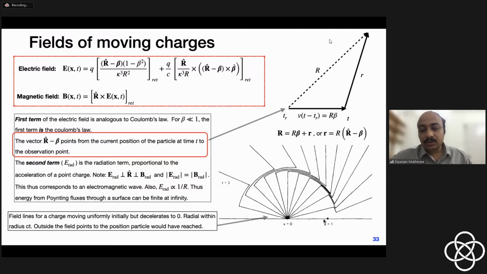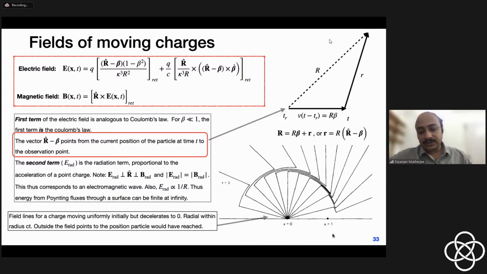I didn't understand. Right. So x equals 0 is when the charge has come to a stop. Okay. Yes, sir. And x equals 1 is when the charge is actually moving from the right to the left. X equals 1 is the previous location of the charge. Yes, sir. Okay, so the charge has started to decelerate from x equals 1, and then it stops at x equals 0.